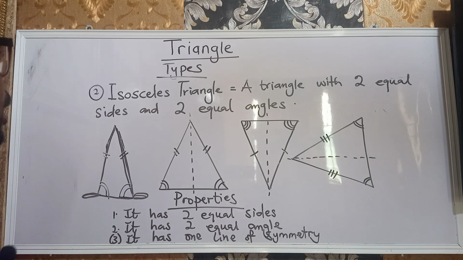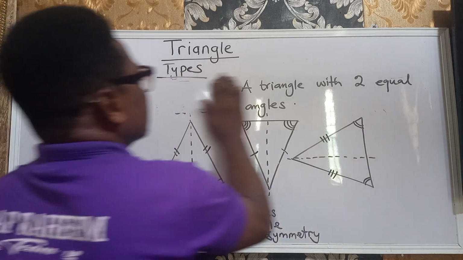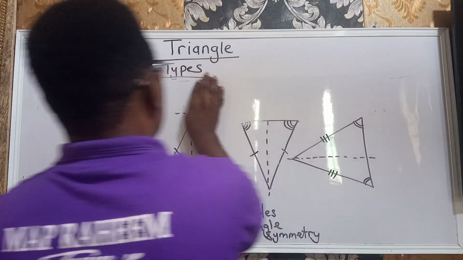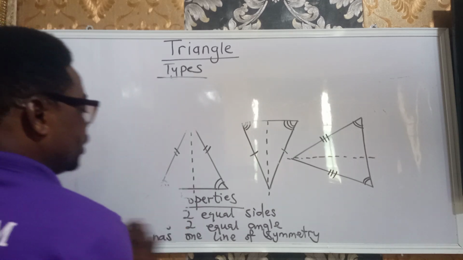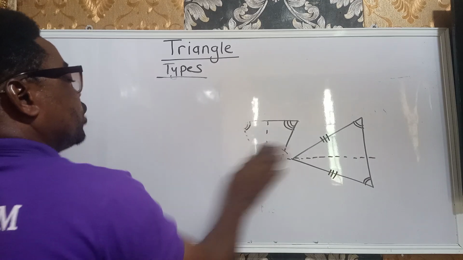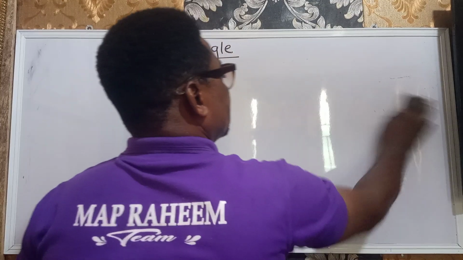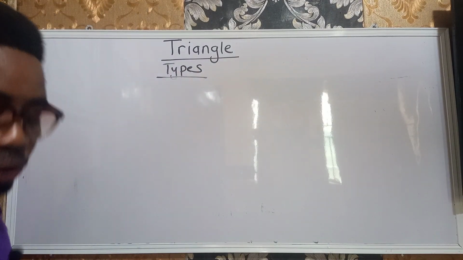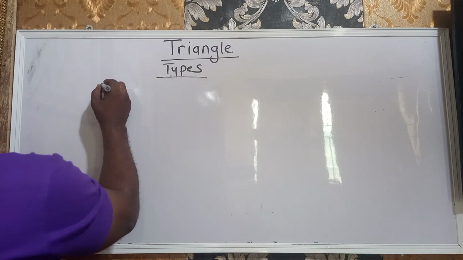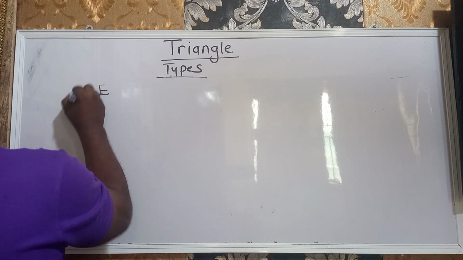The next one is equilateral triangle. Equilateral triangle. That is number 3.